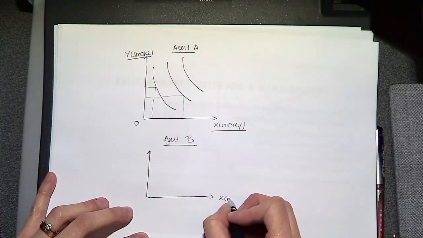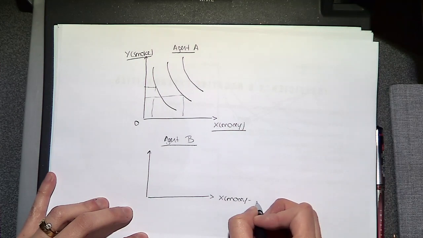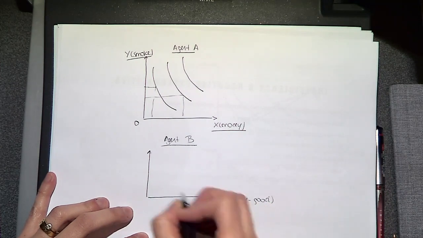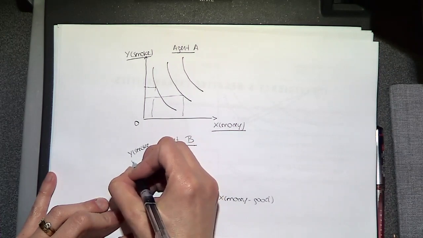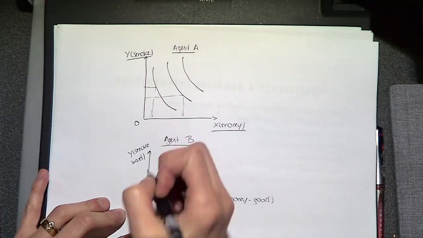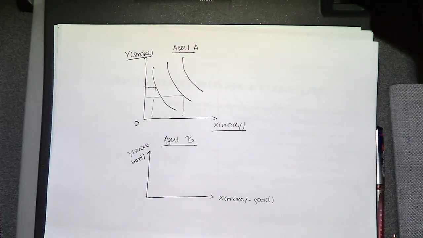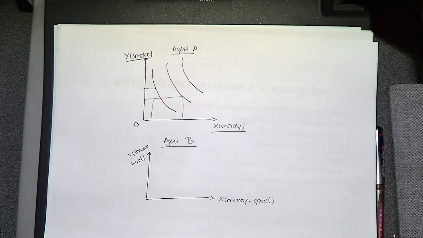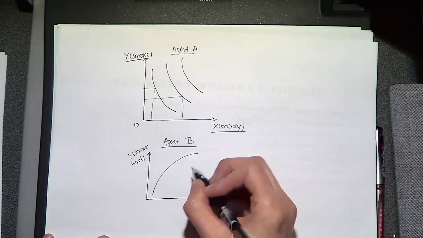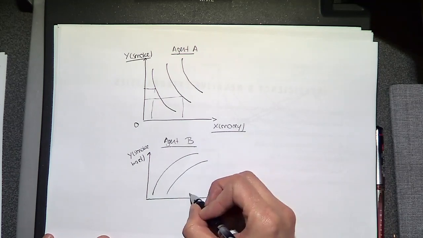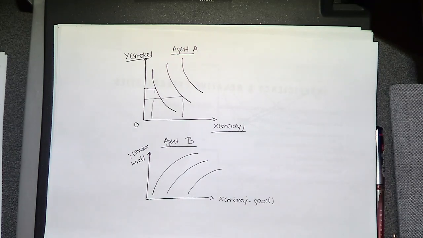So again, money is the good, but smoke is a bad. So how will his indifference curves look? His indifference curves will look something like this.